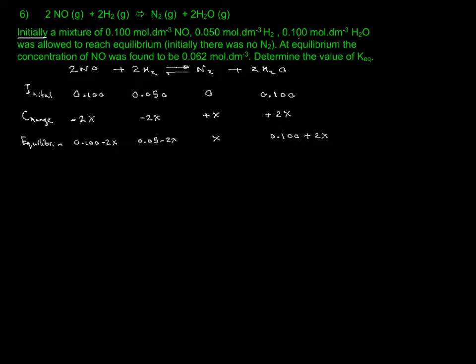Now they give us another piece of information. They say at equilibrium, the concentration of nitrogen monoxide is 0.062, meaning this term is equal to 0.062. So 0.10 minus 2x equals 0.062. Therefore, you can work out what x is.